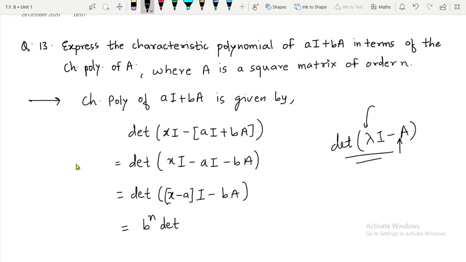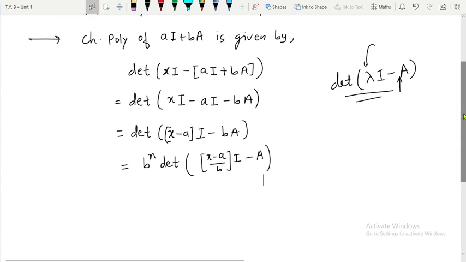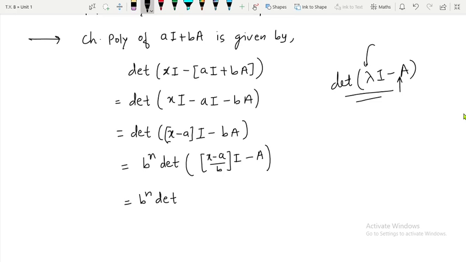The determinant of what is left inside will be (x minus a upon b) I minus A. This is the only trick that you are supposed to remember here, and which is equal to, now I am going to call that (x minus a)/b as some lambda. So the determinant of lambda I minus A, where lambda is nothing but (x minus a)/b.